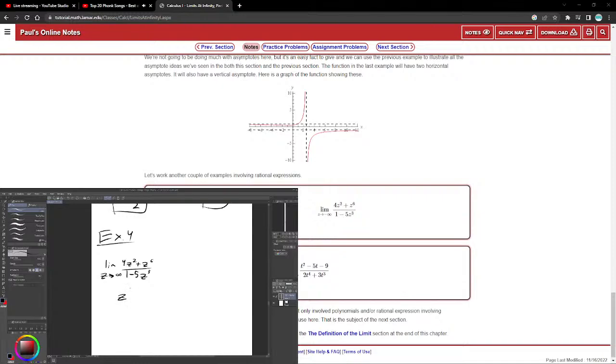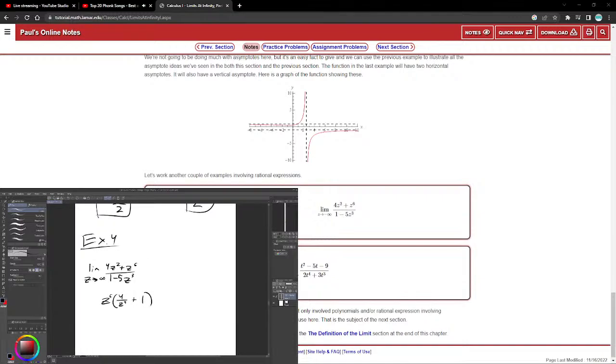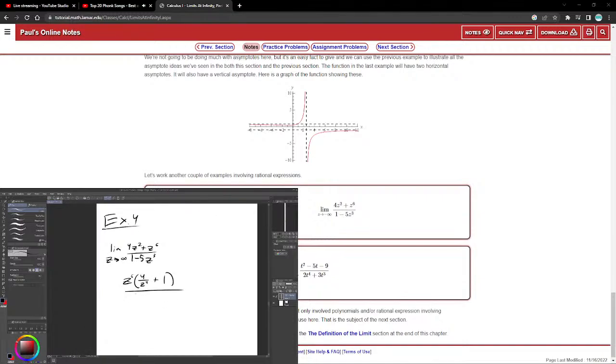Right, no, z to the power of 6. And then z to the power of 6 from the bottom.